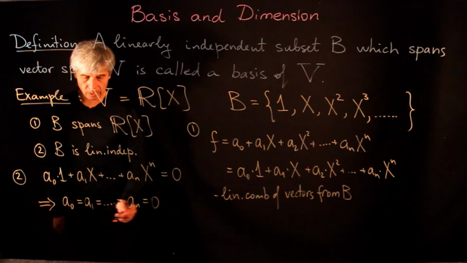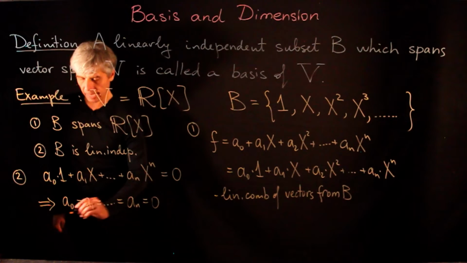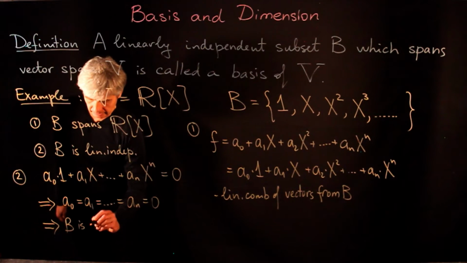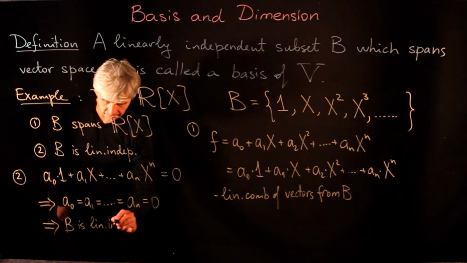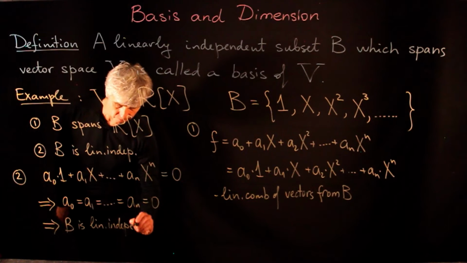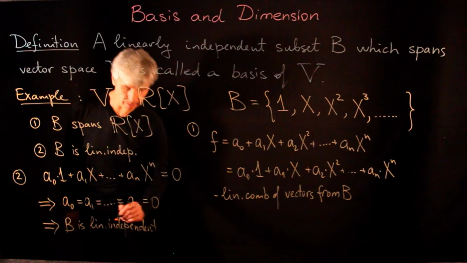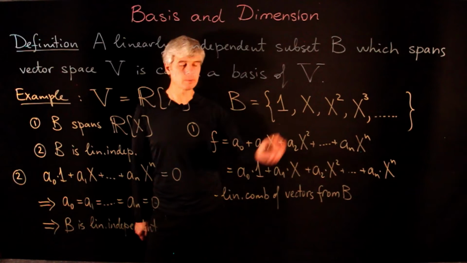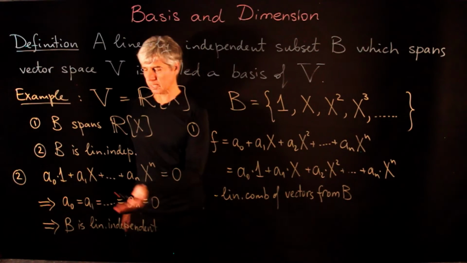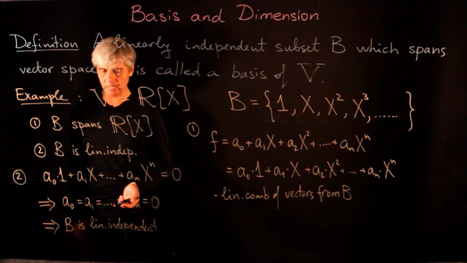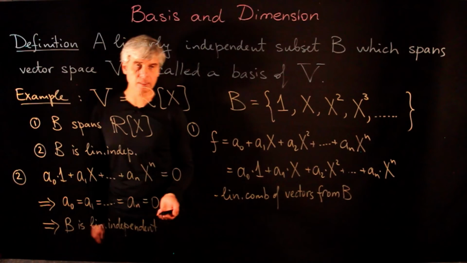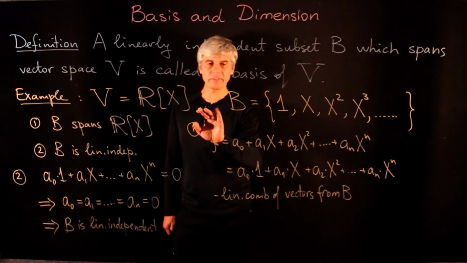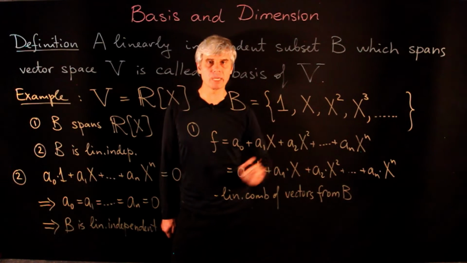And so this tells us that the set B is linearly independent. So if we equate any finite linear combination of elements from B to 0, then we can see that all coefficients of these linear combinations are in fact equal to 0. So this is an example of a vector space with an infinite basis.